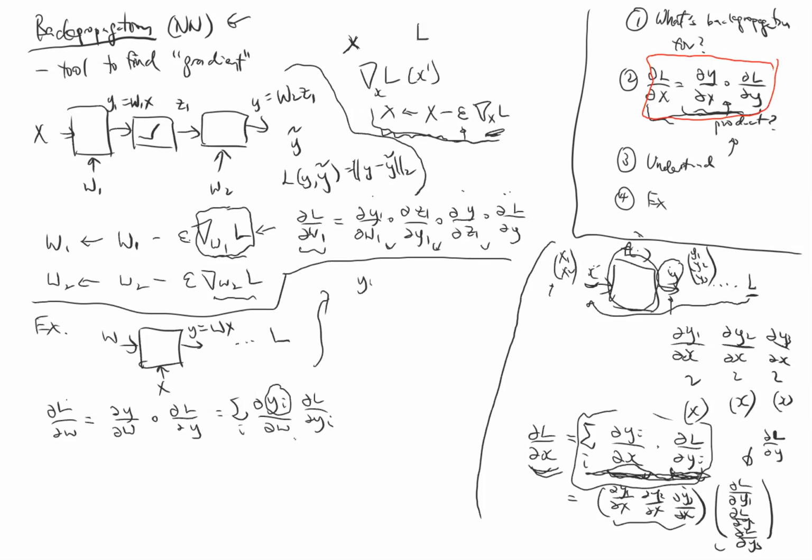yi is equal to Wi1 times x1 plus Wi2 times x2, and so on and so forth. Now if I look at the lm element of partial yi, partial W, it will be equal to partial yi, partial Wlm.